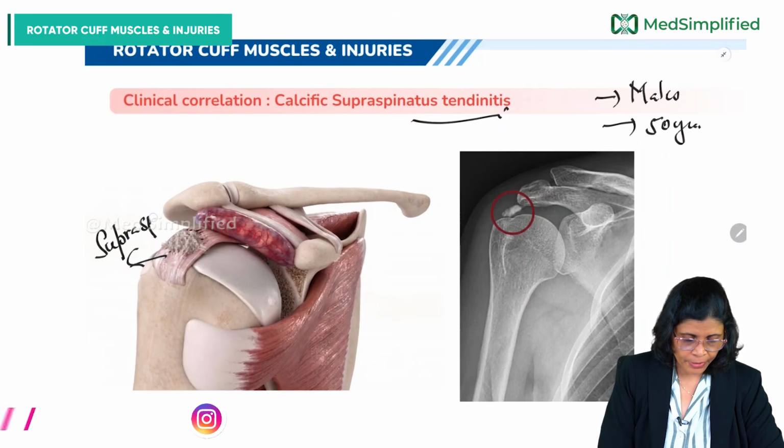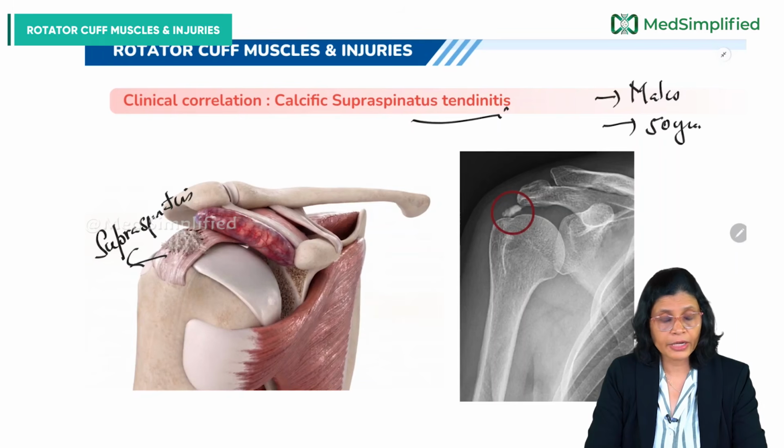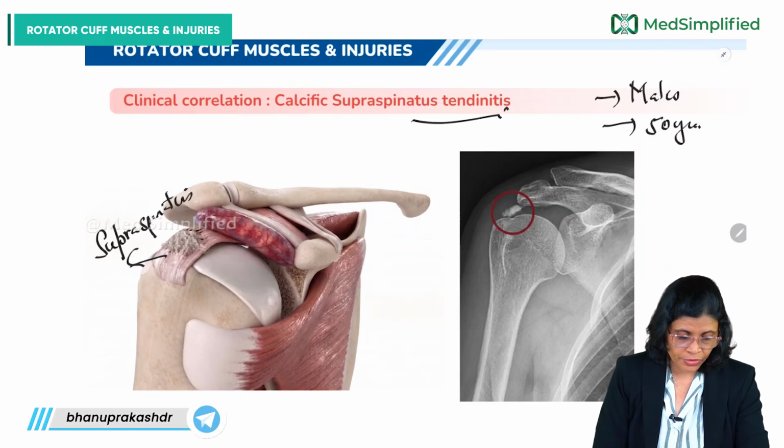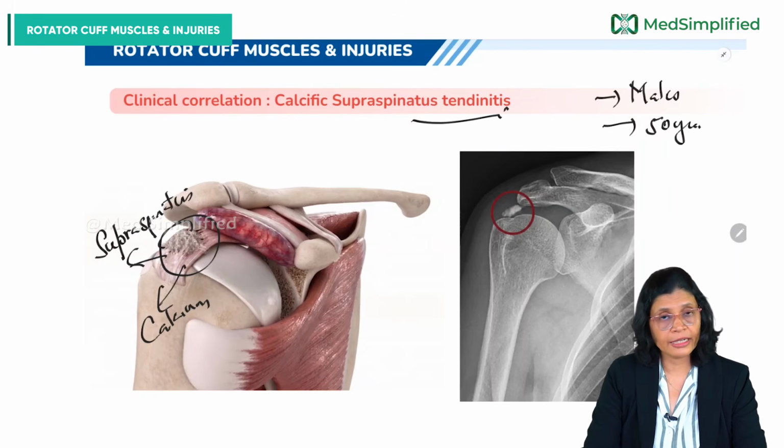Okay, so here, because of that pressure and inflammation, it causes calcium deposits. So here calcium deposits are there. So this causes the calcific supraspinatus tendinitis.